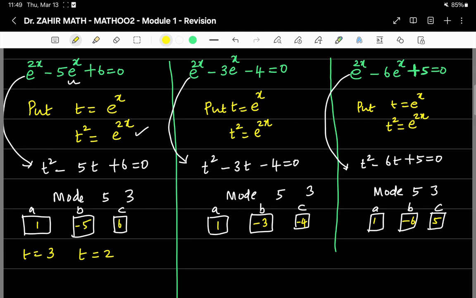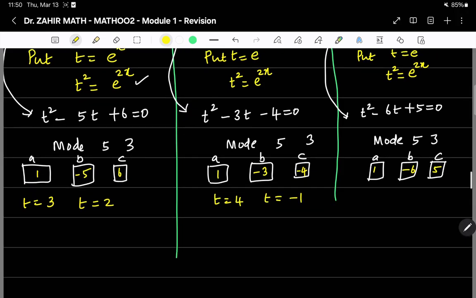Next is what we are going to put in this equation. 1, minus 3 and minus 4. I get 4 and minus 1. T is equal to 4, t is equal to minus 1.